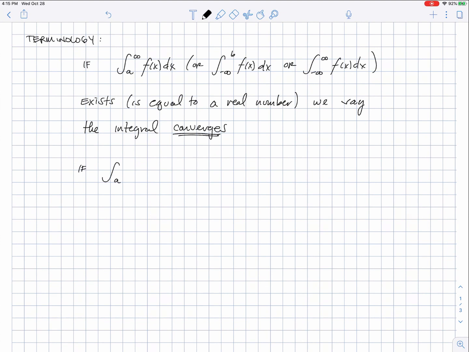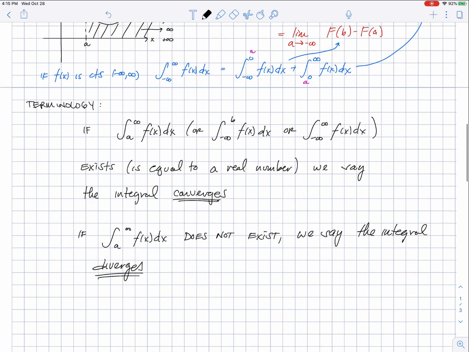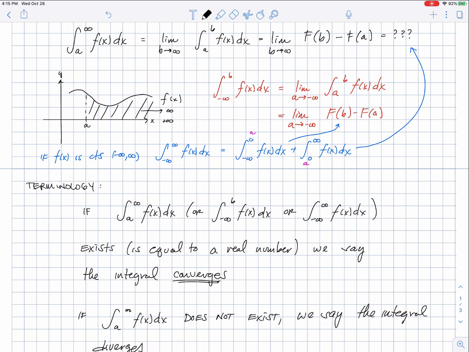If the integral from a to infinity of f of x, or any one of its counterparts above, does not exist, we say the integral diverges. So there's some terminology, and it's very black and white. It either converges or it doesn't. And when I say exist and does not exist, I'm really referring to the resulting limits here, folks. If these limits exist or not, because inside every improper integral is a limit.